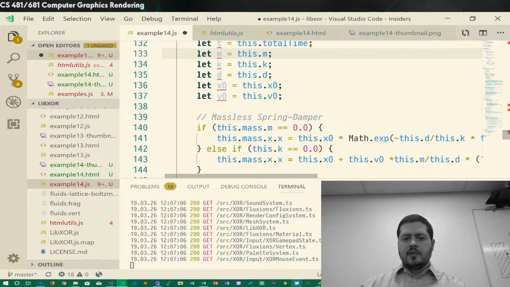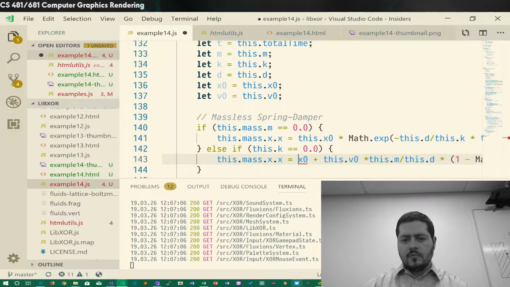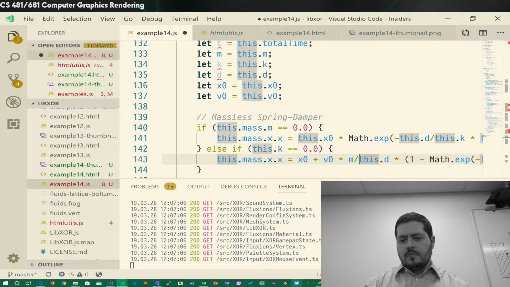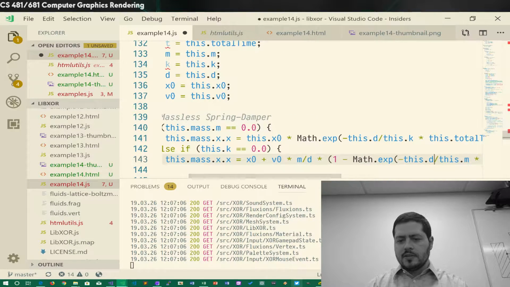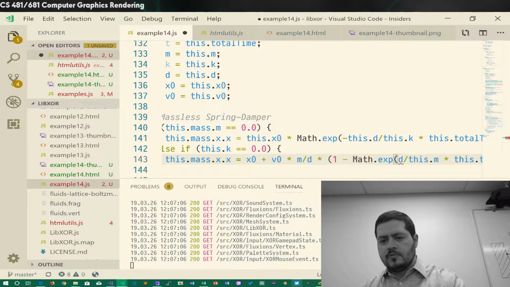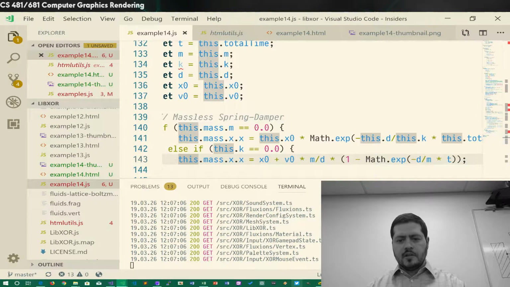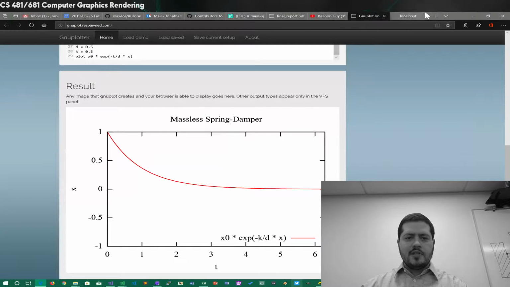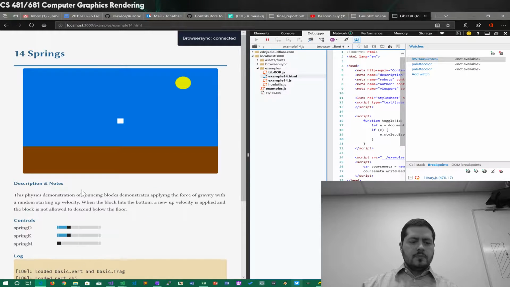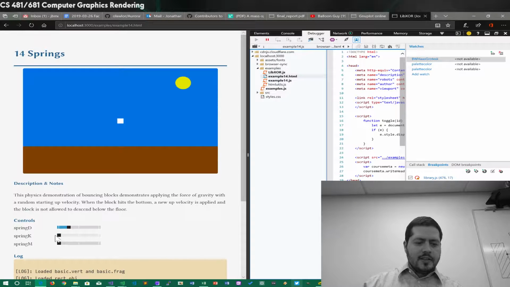So we could actually go here and adjust this. I feel like the closer you get it to look like a math equation, the better it's going to be for us. That already looks better, I think. Okay, so let's see what happens, see if it actually works. So loading this up, we have a springless mass damper, so we'd have to have some kind of mass.